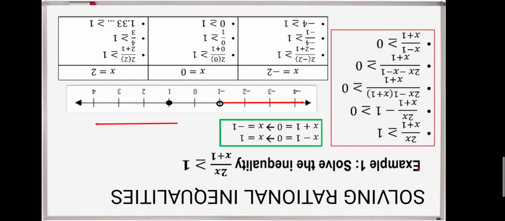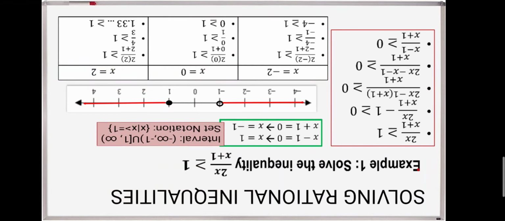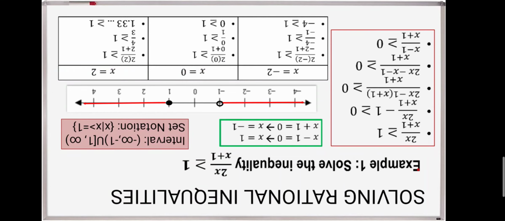That's why our illustration should be from negative infinity to negative 1. Okay, it should be shaded. Then from positive 1 to positive infinity. Okay, so shaded. Okay, that is our illustration. Then in interval notation, we will have from negative infinity to negative 1.